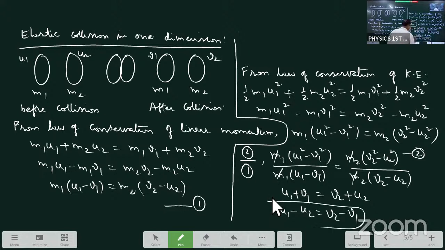It is equation 3. Let's see this elastic collision in one dimension.